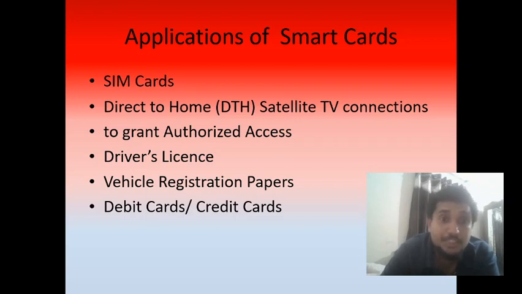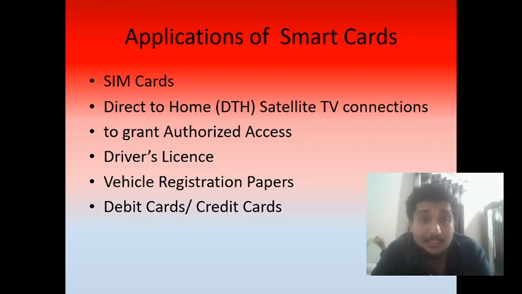EMV is a standard, and Europay, MasterCard and Visa are the three card networking companies. They have made this protocol of using smart cards. Because of that, these days, even debit and credit cards are smart cards.